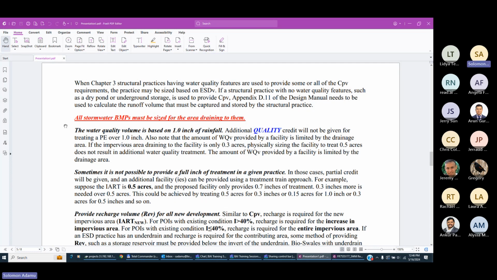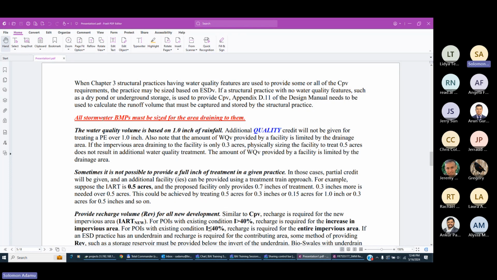And here, all stormwater BMPs must be sized for the area draining to them. I already said that. So it's not only about the requirement, but we need to size the BMP for the drainage area to it.